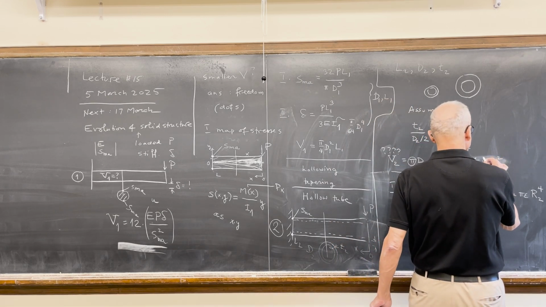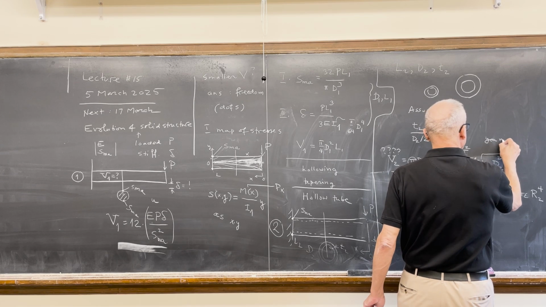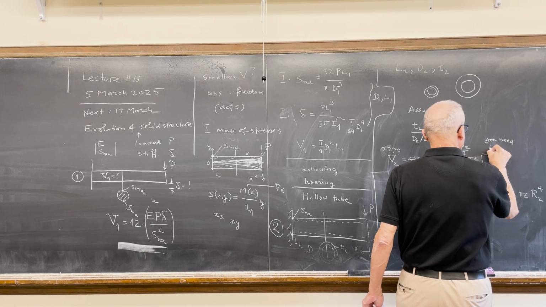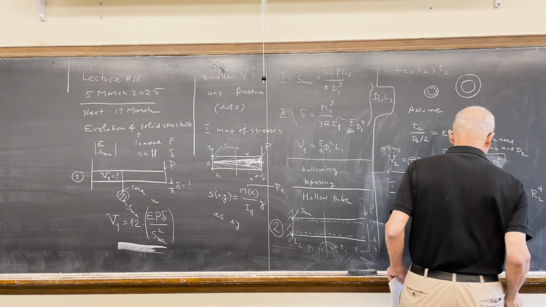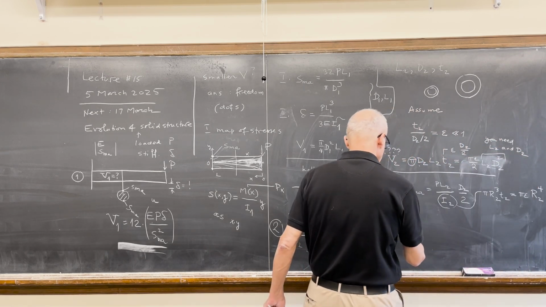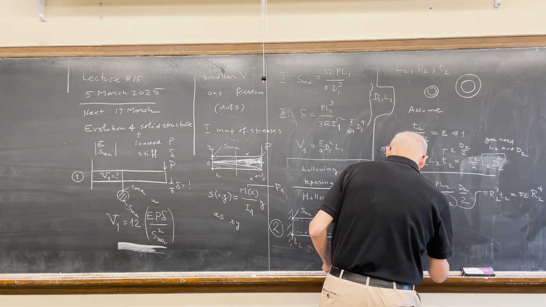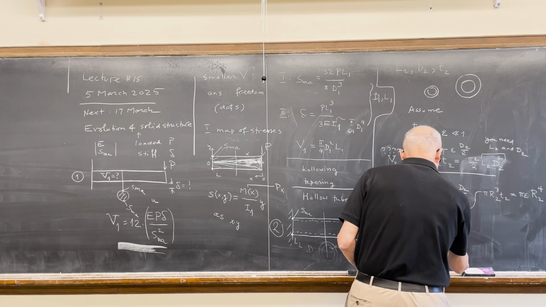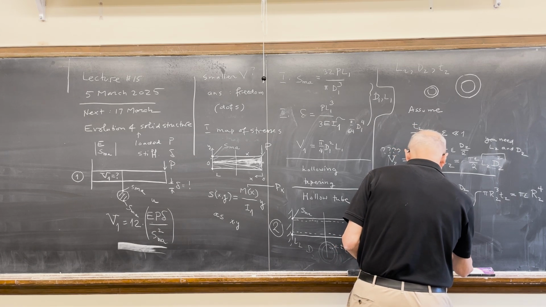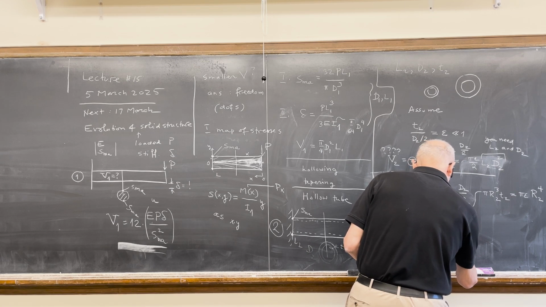In other words, from here, you know that you need L2 and D2. So you have one relation. The second relation comes from the formula for delta, which turns out to be PL2 cubed over 3EI2.